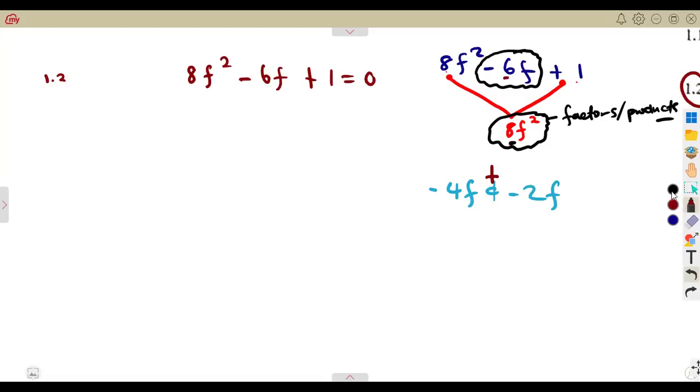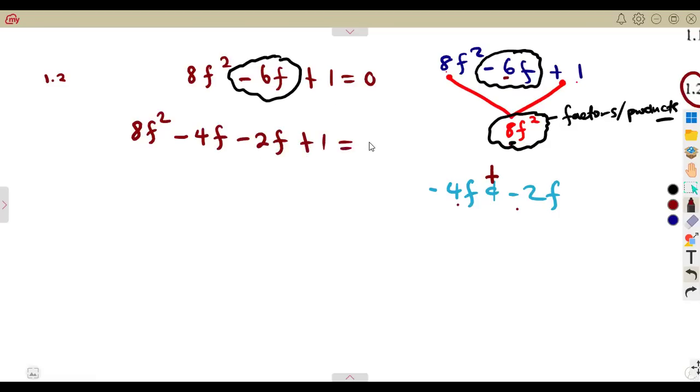So in place of the middle term, let us substitute our factors, which are the products. So this is going to be 8f squared. We substitute these 2. So that is -4f minus 2f plus 1, which is equal to 0. So you substituted here.